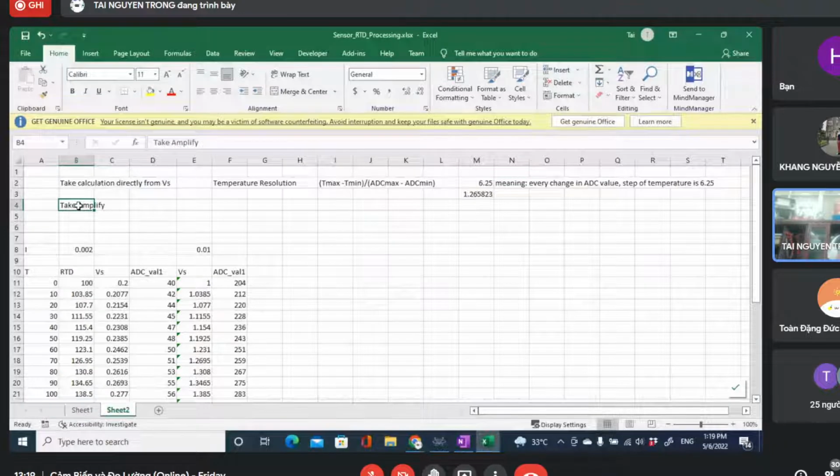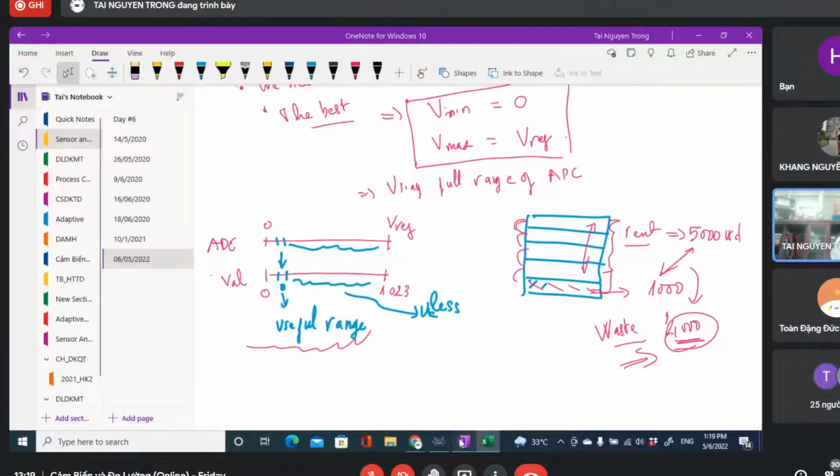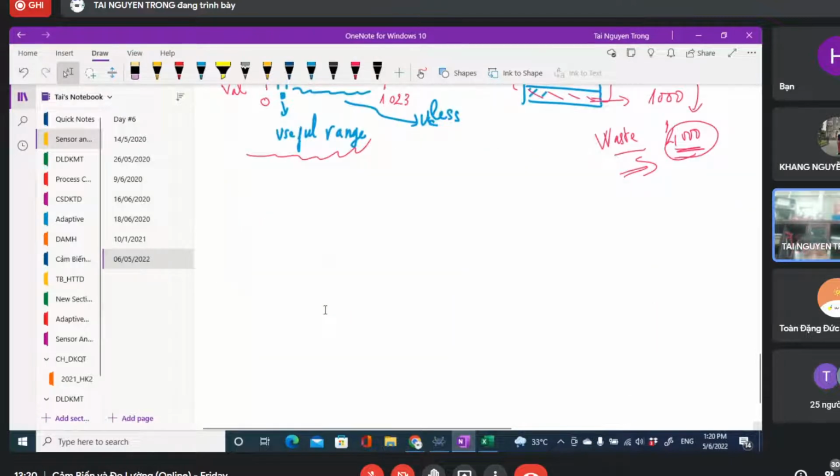We test some amplifiers, and then we get a gain when we take the amplifier. Okay, imagine that we have a request. Then we can use the ability of voltage and the ability of the sensor.